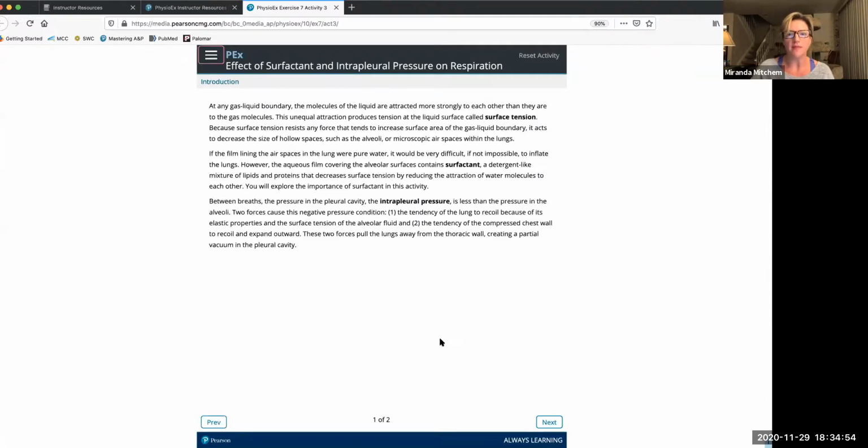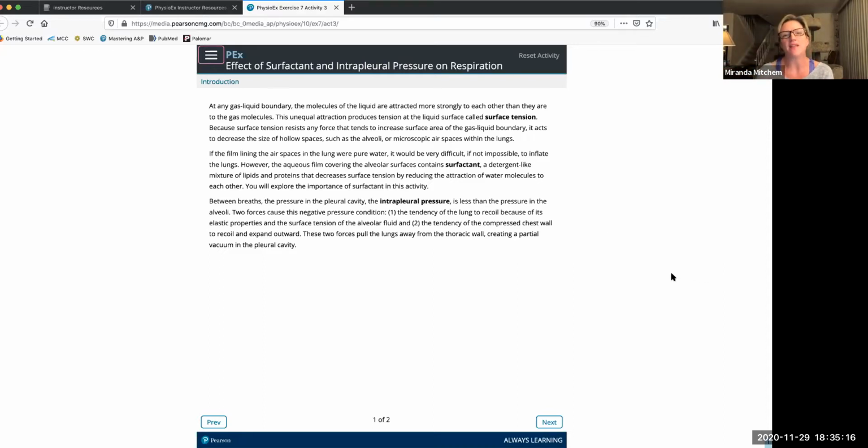So keep in mind that the interpleural pressure is the pressure that is in that cavity, the pleural cavity, which is created by the barrier, the epithelial layer of the lung, and then the pleural membrane itself. So inside is the space where the interpleural pressure is.